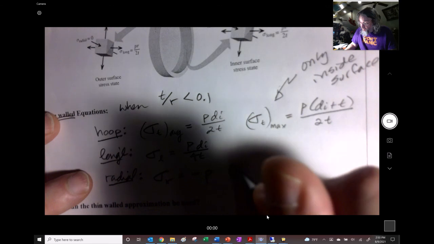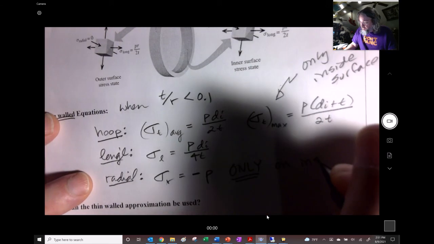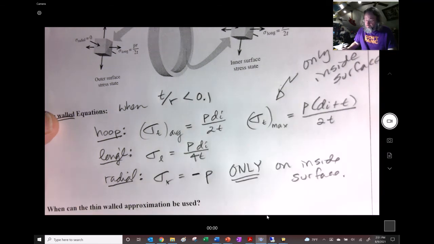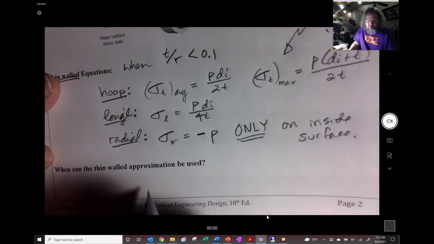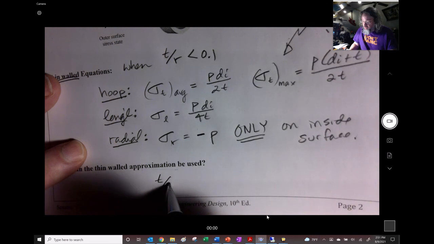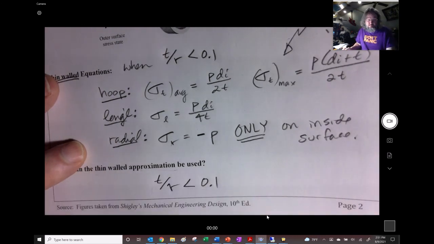And only on inside surface. And then to answer this, when can the thin wall be used? I'll just repeat, T over R is less than 0.1.